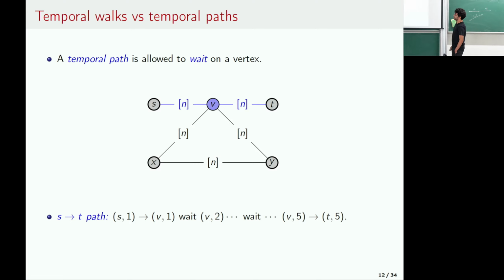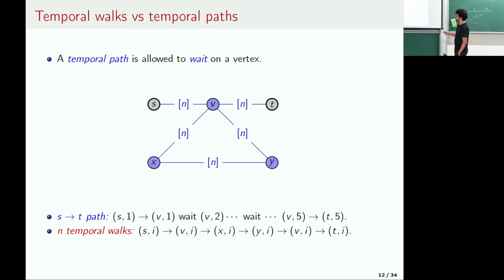For instance, in this graph, this little notation means that this edge is active at every time between 1 and n. So naturally I can take an S-T path like this. I can go from S to V at time 1, and then in V I wait, and wait, and wait until time 5, and I take the edge at time 5. This is a path.